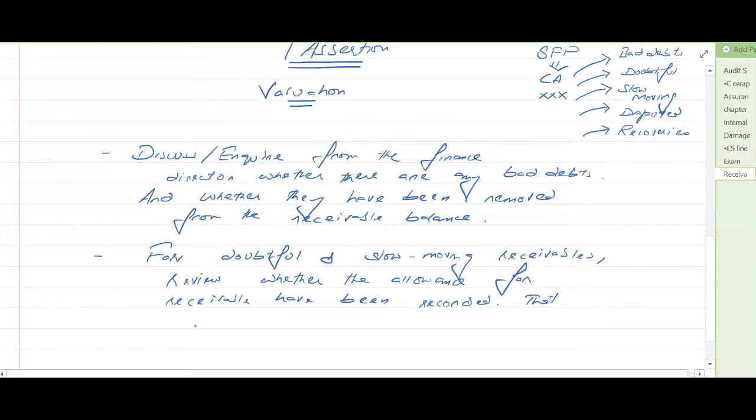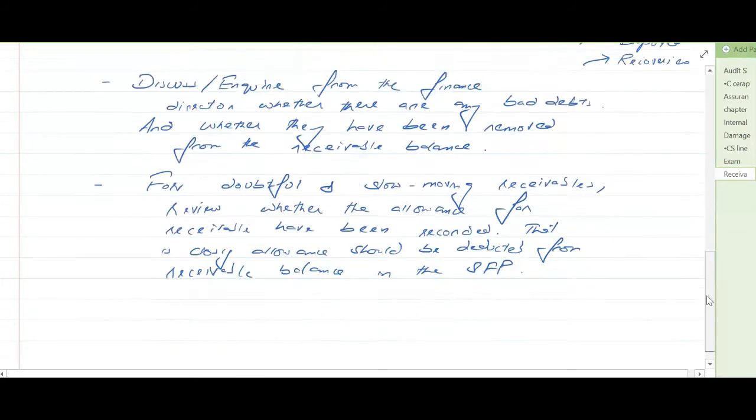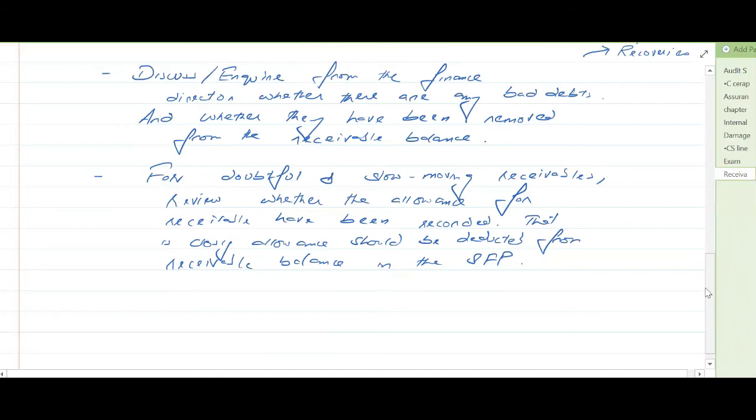That is, closing allowance should be deducted from receivable balance in the statement of financial position, because we know the difference from our earlier accounting knowledge that bad debts are removed from the ledgers as well as the balance sheet, but the allowances are only removed directly from the statement of financial position because they are doubtful, slow moving.